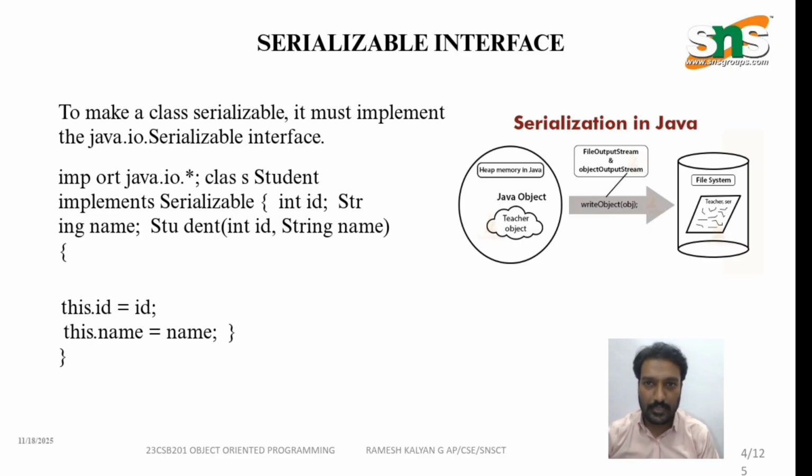Here we are printing the id with the student name. In the diagram on the right side, we could see the Java object being converted to a file system using writeObject, with FileOutputStream and ObjectOutputStream. We will see this in more detail.